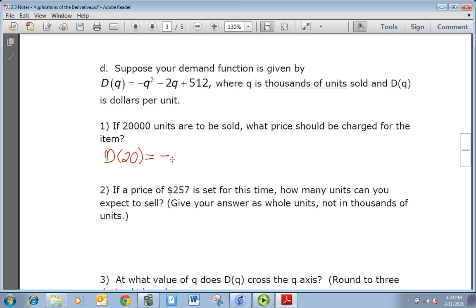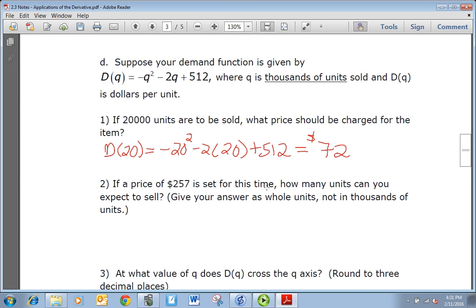So it's going to be negative 20 squared minus 2 times 20 plus 512. And when you do that, you get 72. So it should be $72 that should be charged.